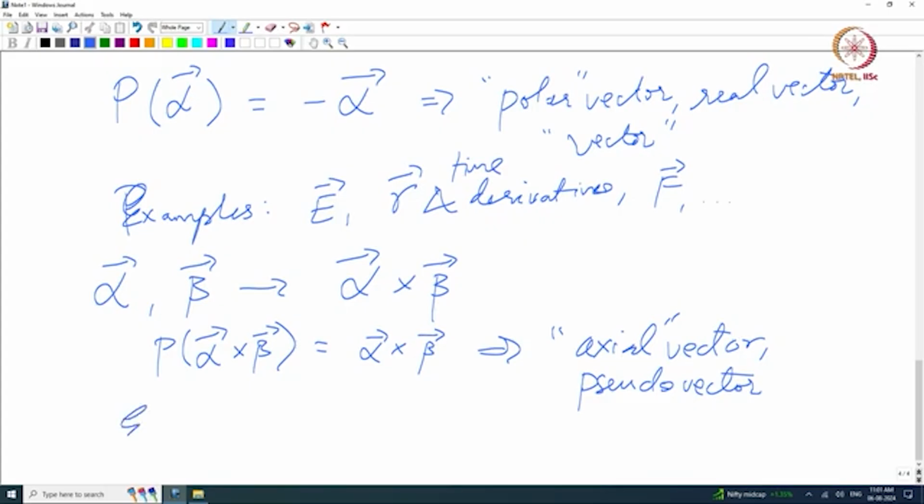So examples. Good, torque, because you know that can be expressed after all as a cross product of real vectors. Angular momentum, good.